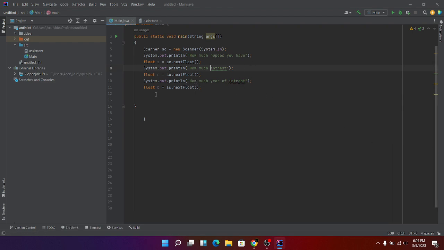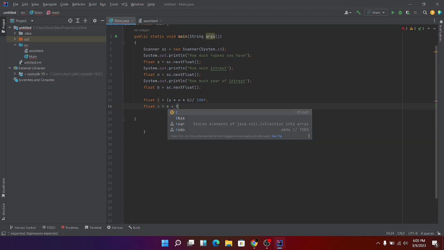How much year of interest, and now float t equal to s multiply n multiply b divide by 100. f means float. Now how much amount, total amount equal to how much speech s plus t.